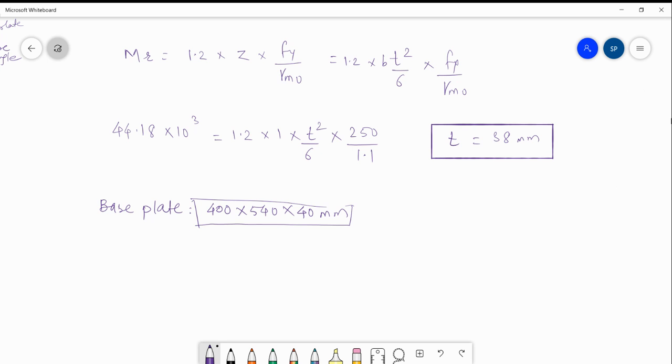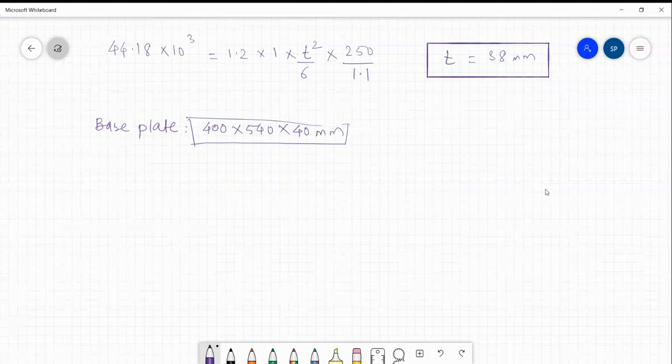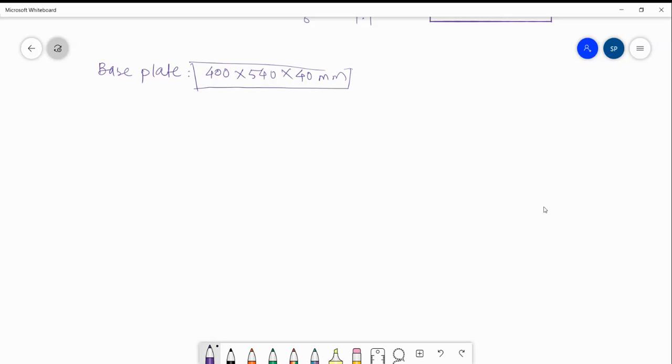Now you have to go for connection design. So you will have to check the stresses, whether those are compressive or tensile in nature. So the axial stress in column is equal to Pu divided by area.